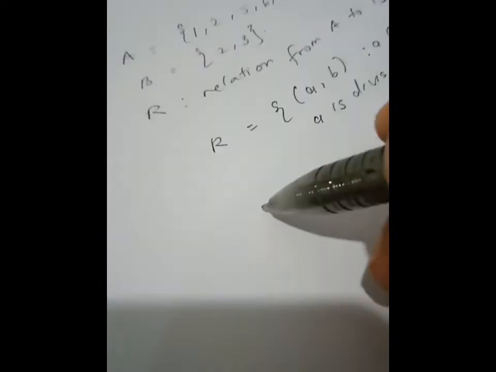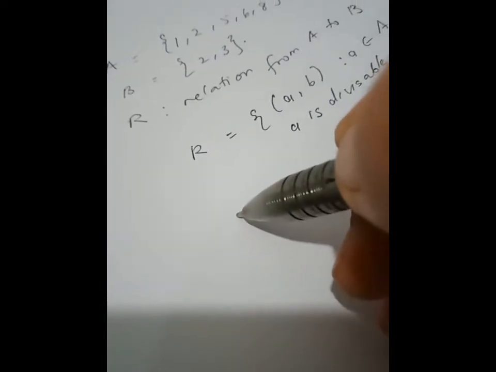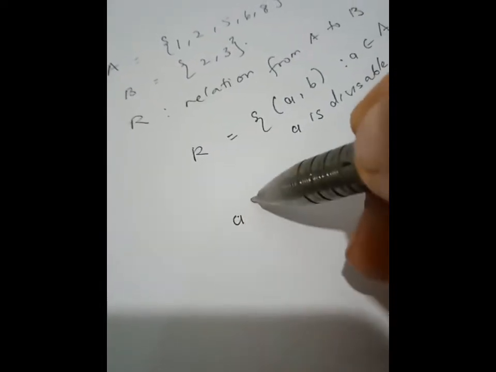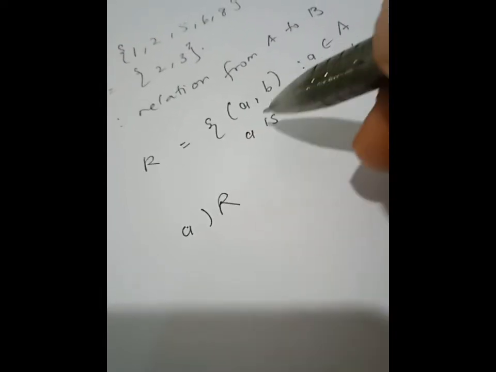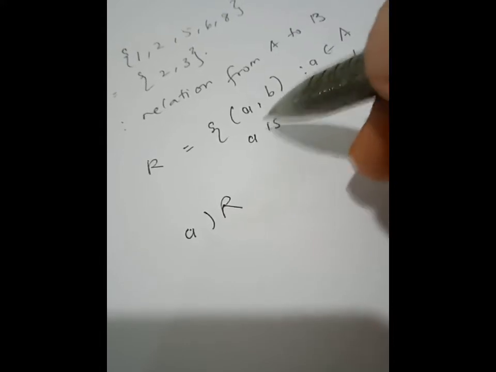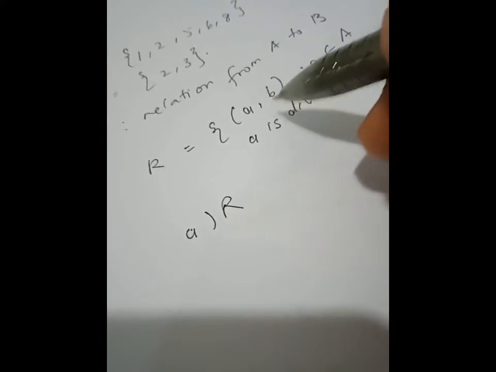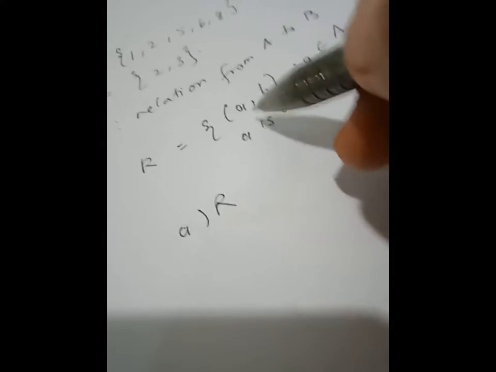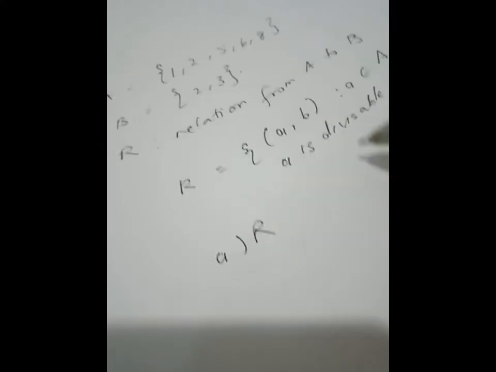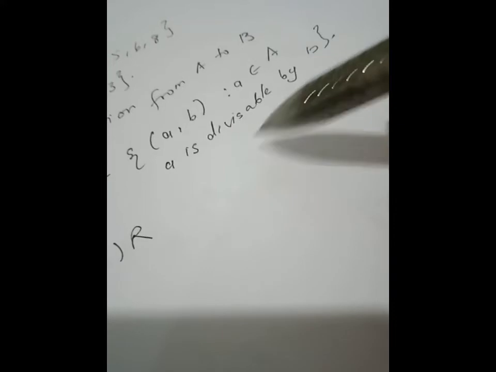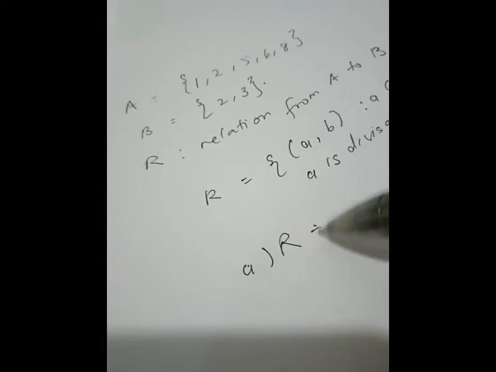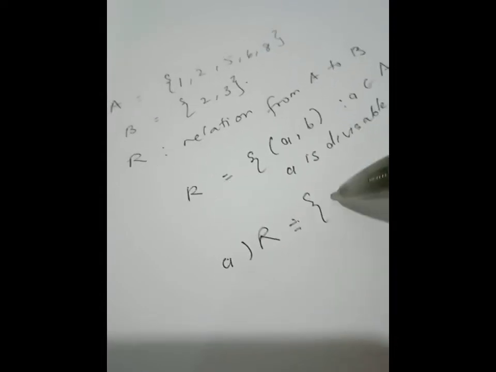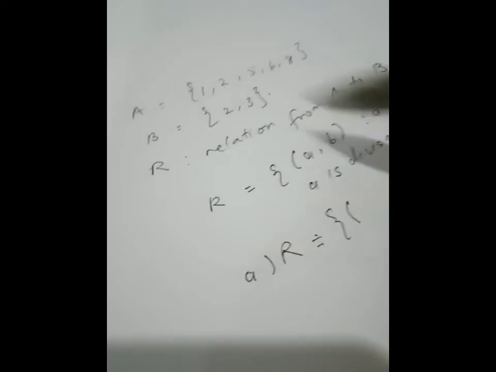Now the question is, find R. Since R is defined as a set of pairs of coordinates where a is an element in A and a is divisible by b, we need to find the relationship between A and B where a is divisible by b.